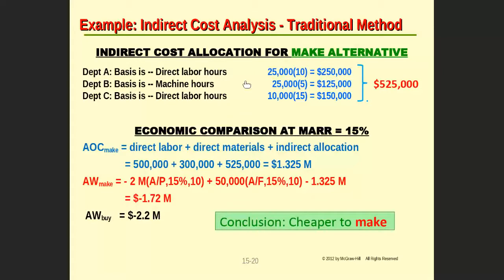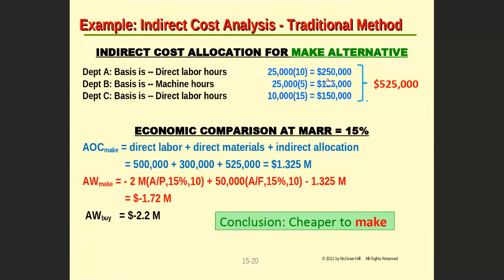We have the bases as the number of hours, so 25,000 hours times 10 will be $250,000 for the labor hours, and 25,000 for the machine hours used, times the rate of $5 per hour, will give us 125,000 for the machine hours used. The same for the basis of C. You add these costs together, and it will give you the 525,000. This is for the indirect cost.